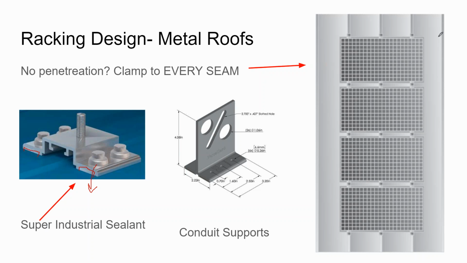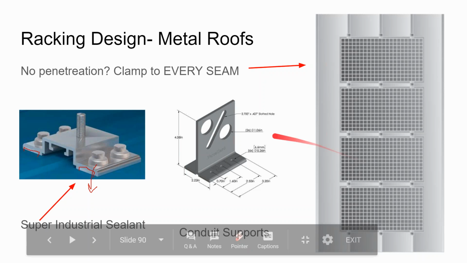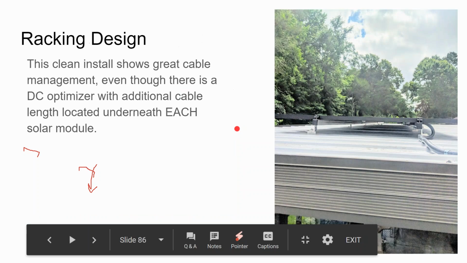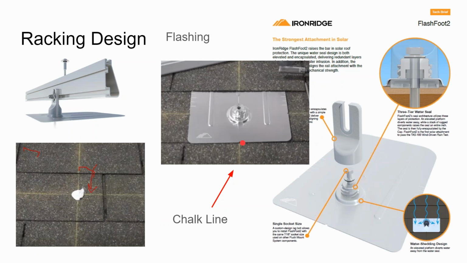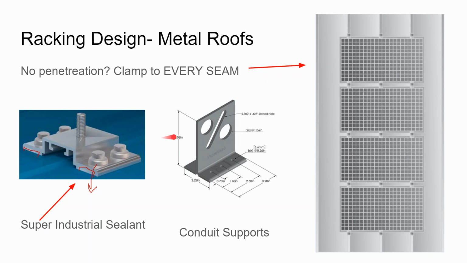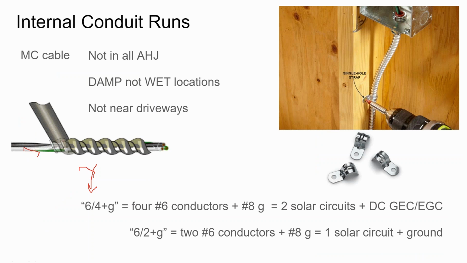Now, another thing that I wish I had known on this previous project was that there are now conduit supports for standing seam or metal roofing systems that can help you keep that conduit up off of the roof. So that's kind of nifty. I think that's worthy of note.